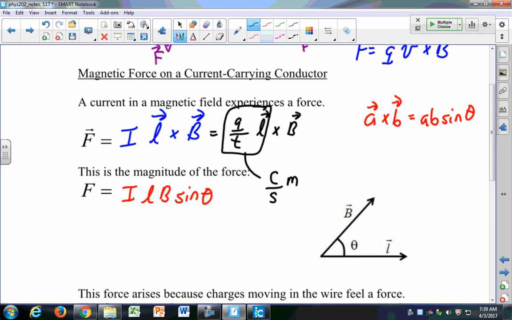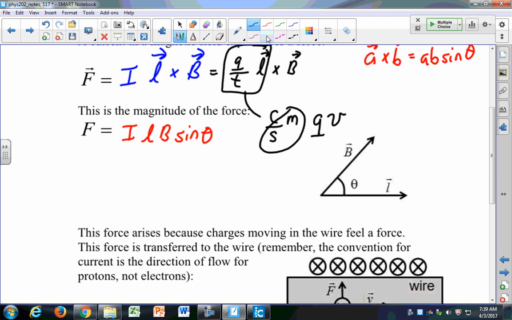And so notice here that what I have is Q times V. So these are exactly the same as what we had before, where we had the force on a free particle in space, F equals QV cross B. This is exactly the same, except I'm just rearranging my units a little bit, and now expressing the current, which is the charge per unit time, times our length. But the units still work out exactly the same.